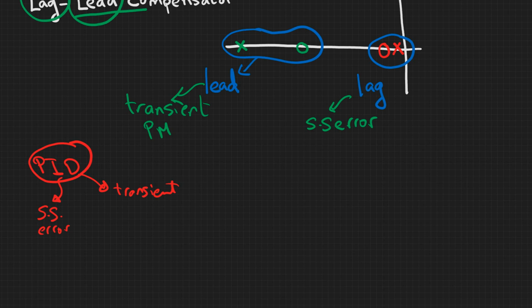In fact, those are not the only ones. Let's say that we have a system with these open loop poles, and let's say we're not happy with them, and we want to place our open loop poles in this part. How can we do that?